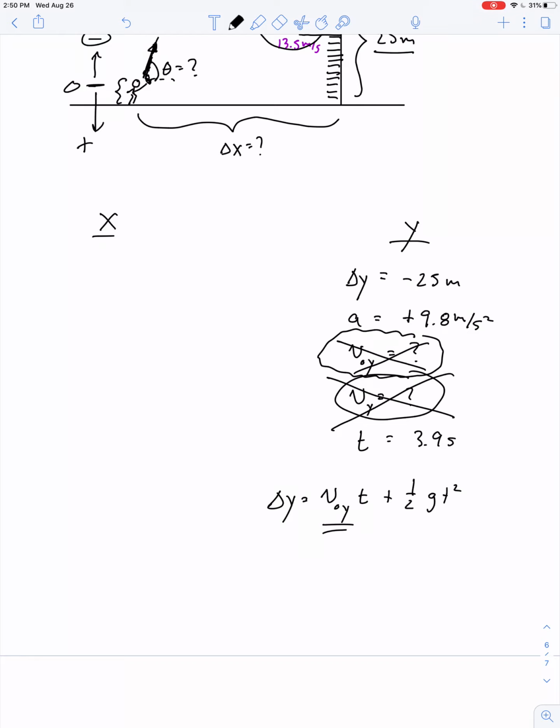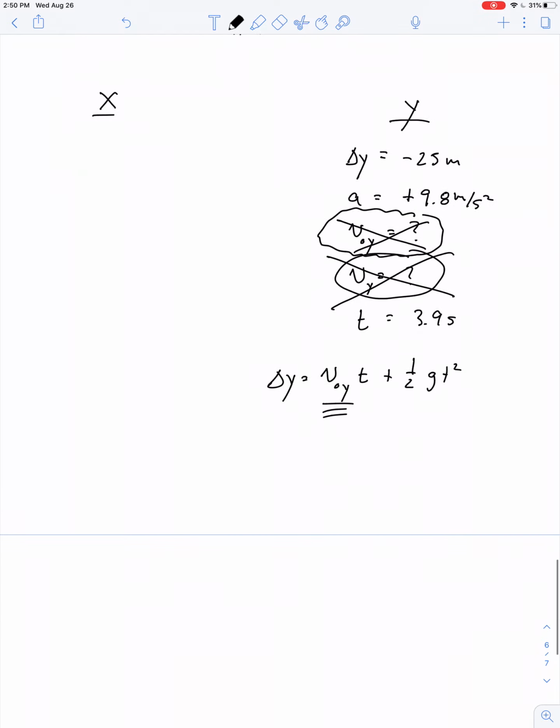And then we're going to solve for this initial velocity. So let's do a little rearranging here. V initial y times t is equal to delta y minus 1/2 gt squared. So v initial y is equal to delta y over t minus 1/2 gt.